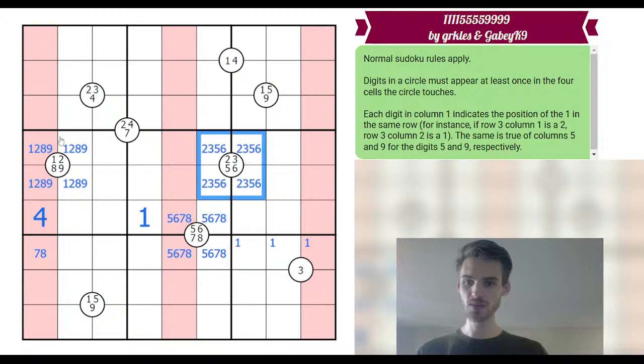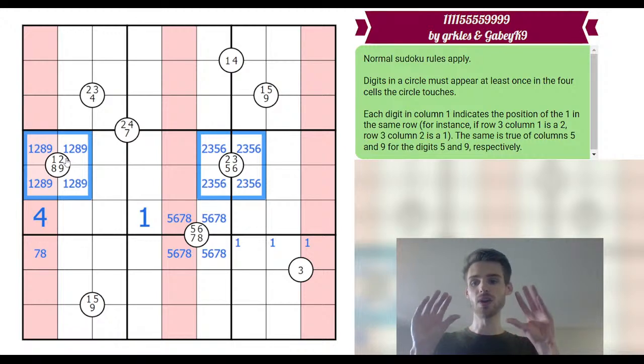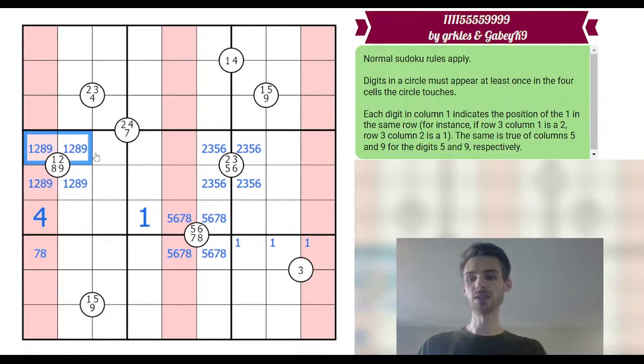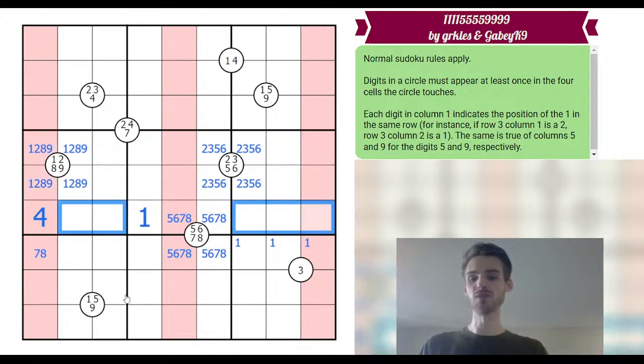So I was saying before that usually the trick with quadruples is to look at where the digits line up. So these 2s, for example, are aligning in row 4 and row 5. So there are only 2 2s in these 2 rows. So the 2 in row 6 must be in one of these cells, but cannot be in those 2 cells because there is a 2 in here already.